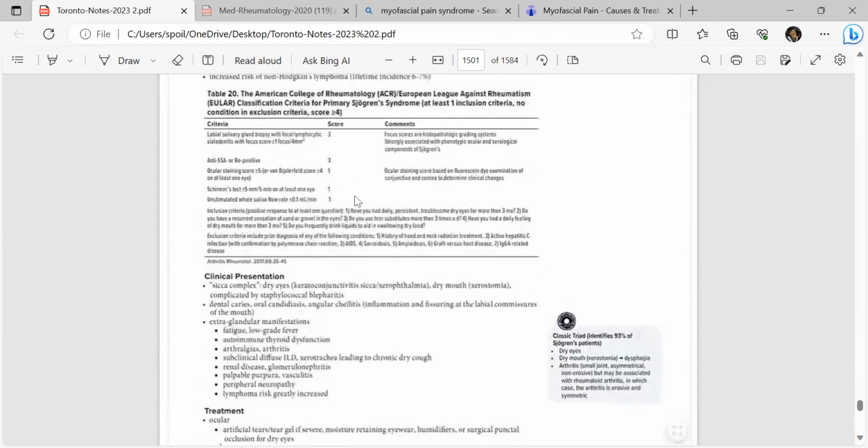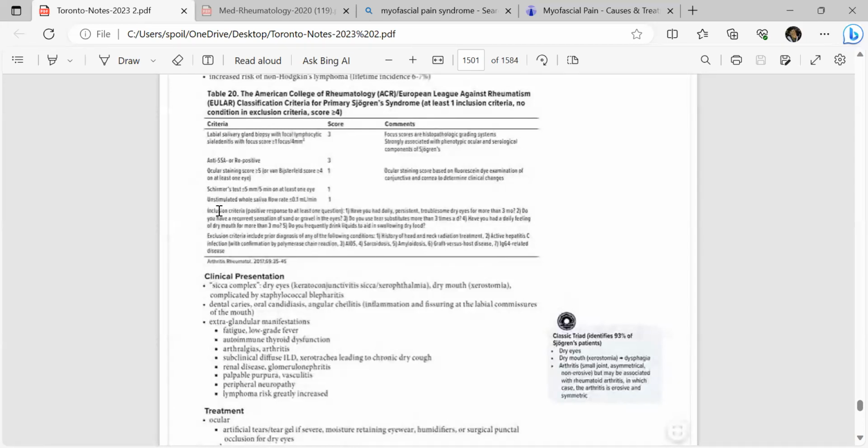And the criteria and the scores are: labial salivary gland biopsy with focal lymphocytic sialadenitis, the score is 3, and anti-SSA or Ro positive is 3. Ocular staining score greater than 5, it's 1. Schirmer's test is 1. It's just to check the eyes.